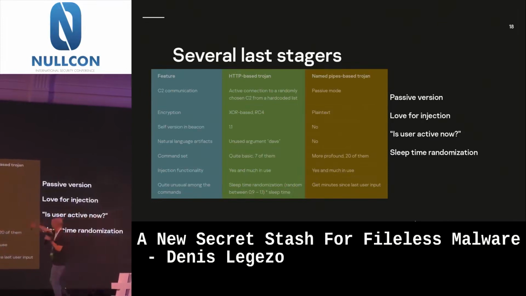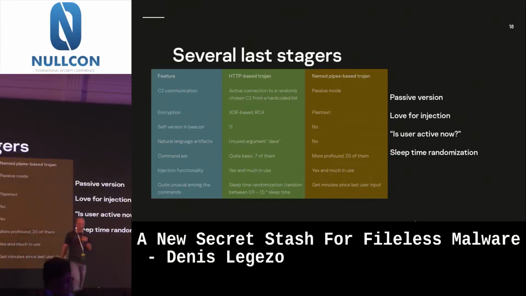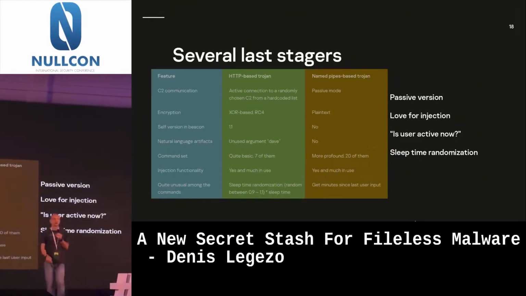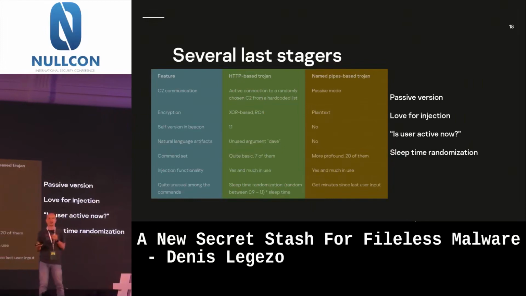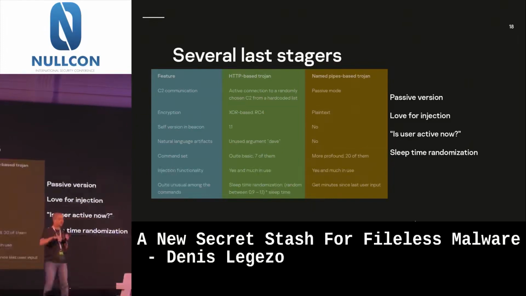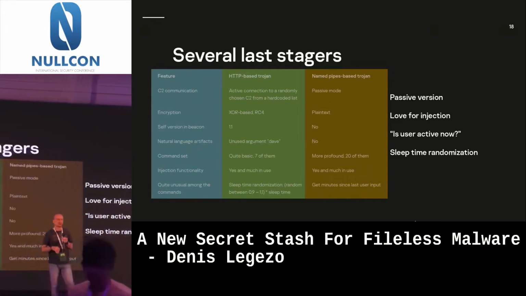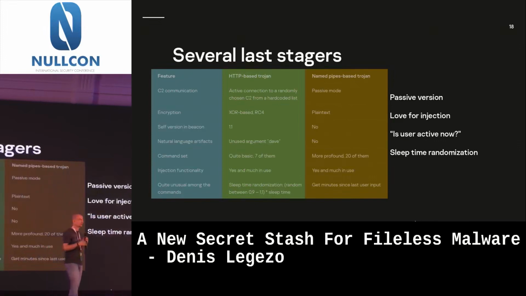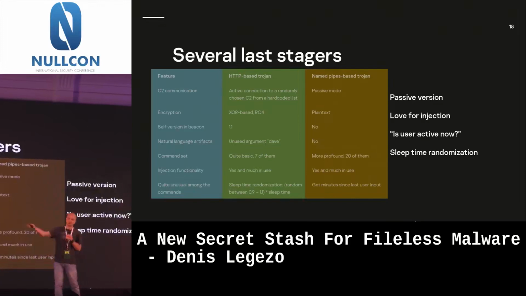And also I love that in the LAN version of the Trojan based on named pipes, it gets how long the user is inactive. They don't want to be too active at a time when the user is typing something. So maybe operators just check, five to two hours inactive, maybe it's time to do something on this server. Seems like nobody is watching the server now. Time to send some commands over there.